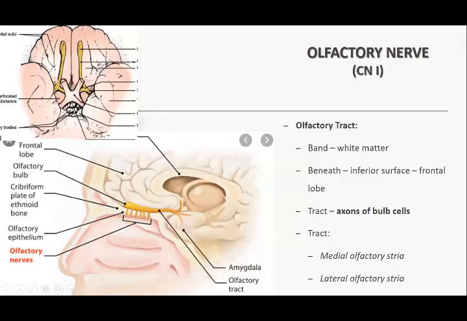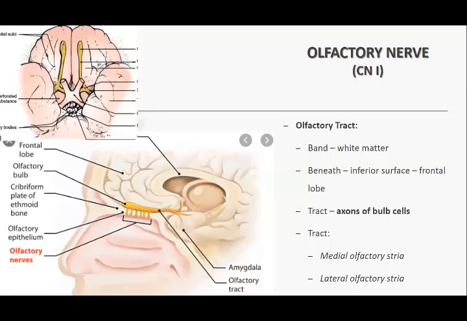So this olfactory bulb is lying immediately inferior to the frontal lobe of the brain. So it is sandwiched between the cribriform plate of the ethmoid and the frontal lobe of the brain. And from the bulb you have the olfactory tract.